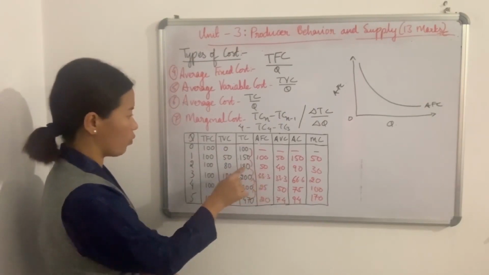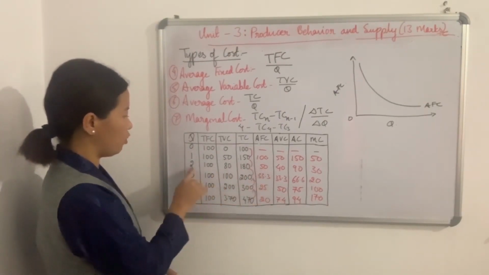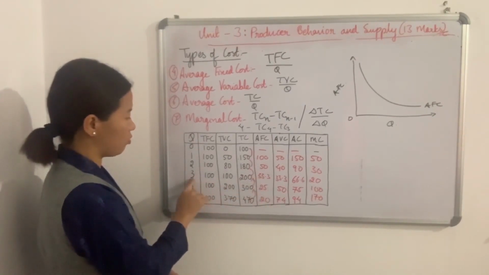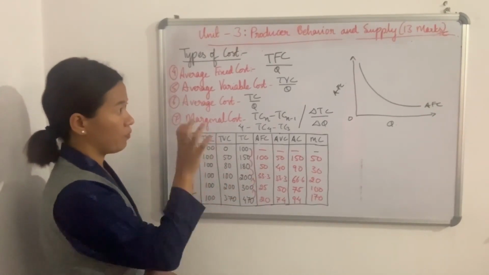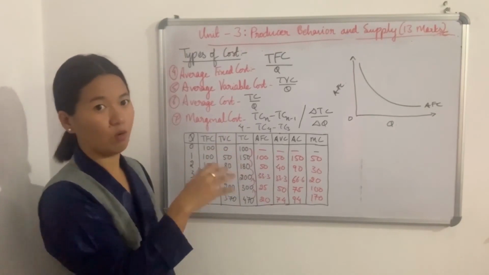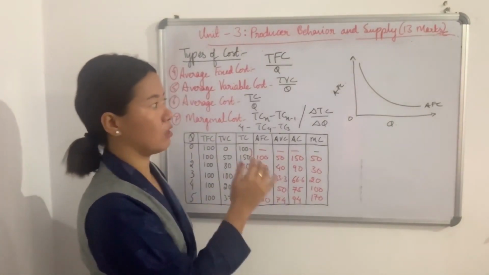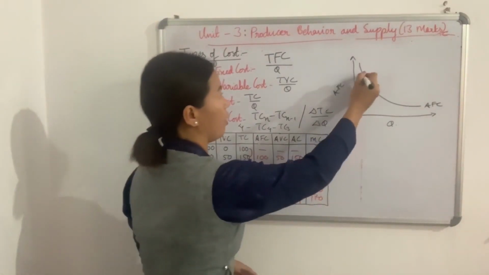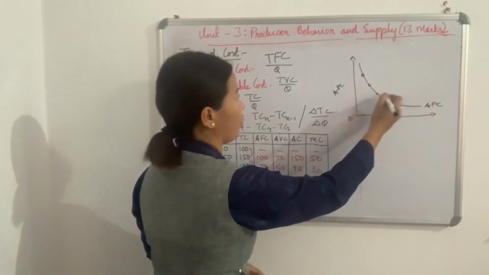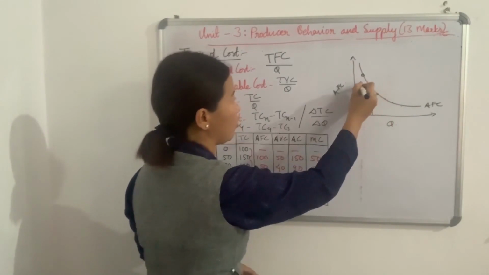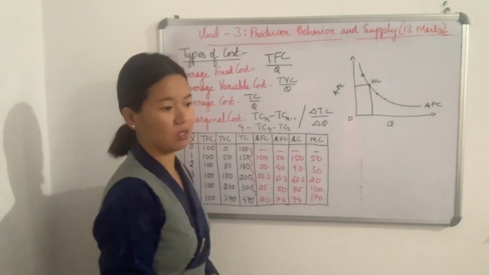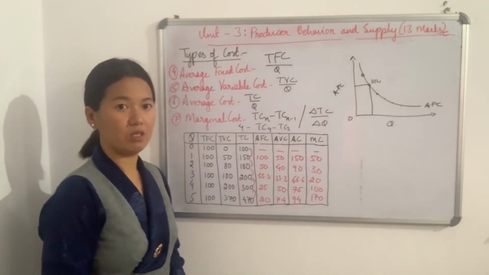When I multiply 50 into 2, I get 100. When I multiply 33.3 into 3, I get 100. So AFC is called a rectangular hyperbola because when we multiply quantity by average fixed cost at any point, we get the same value, that is 100.